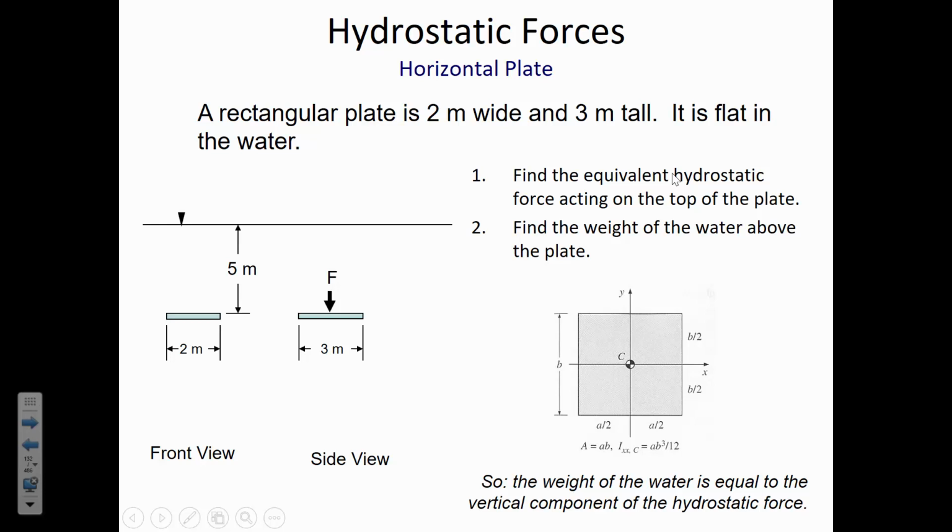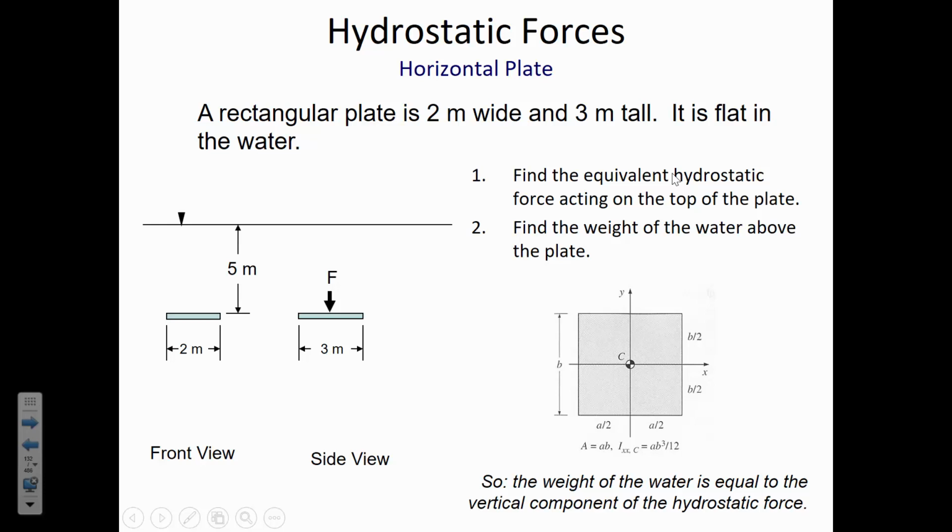All right, now what about the weight of the water above the plate? So what we need to do is we need to think of, what's the geometry of this box of water that's above the plate? And try and think in 3 dimensions. I'm really bad at drawing in 3 dimensions, but let's say that we've got a certain amount of water. If we go up to the surface, we want to know how much is that.